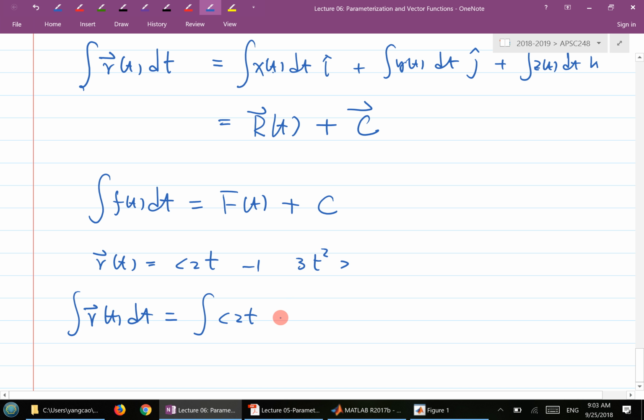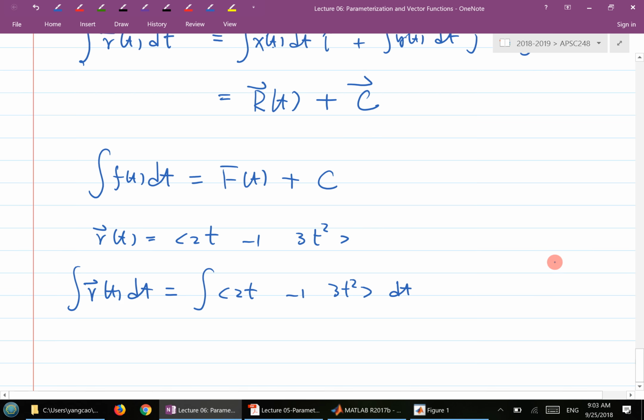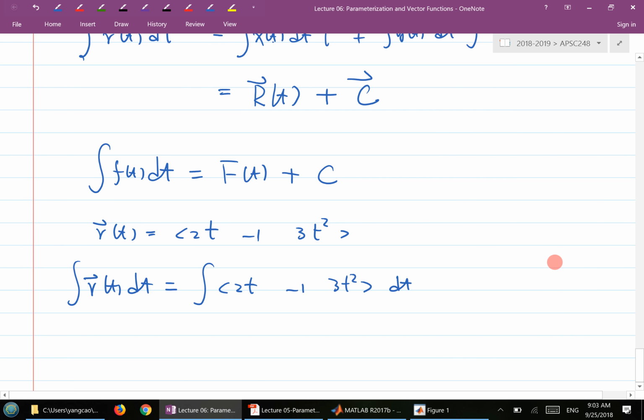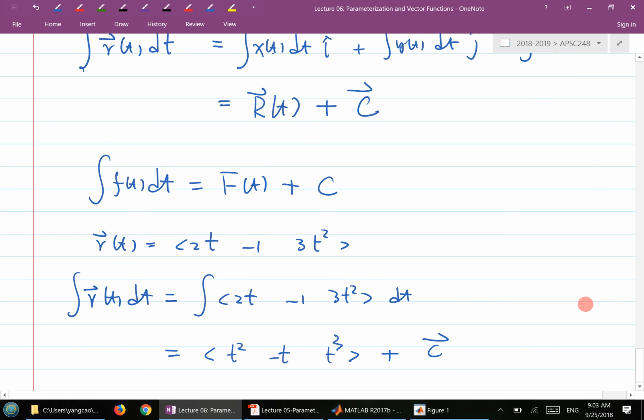We can write it like this: the integral of 2t, negative 1, 3t squared, dt. Integration means the integral of each one of these. We get t squared, negative t, and t cubed. And then don't forget to add a constant vector c. Very straightforward, but that's what it means to integrate a vector function.